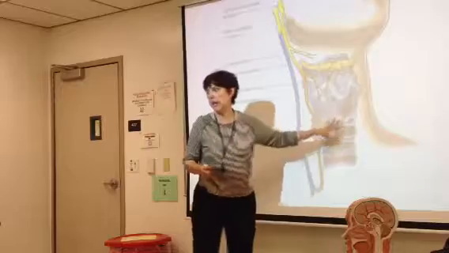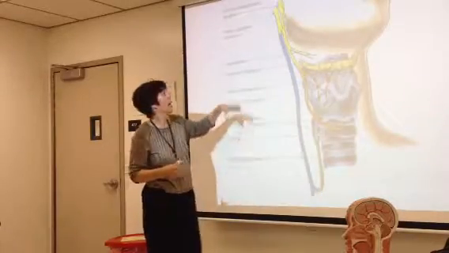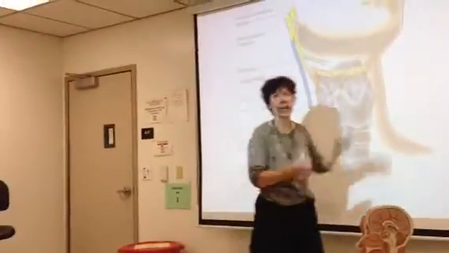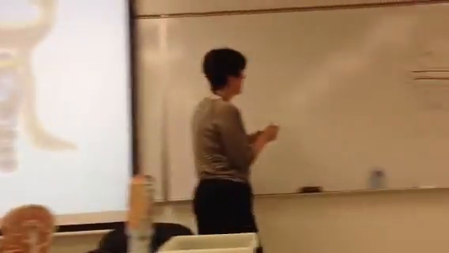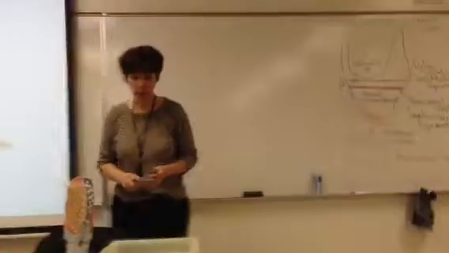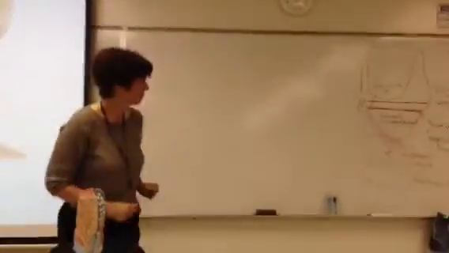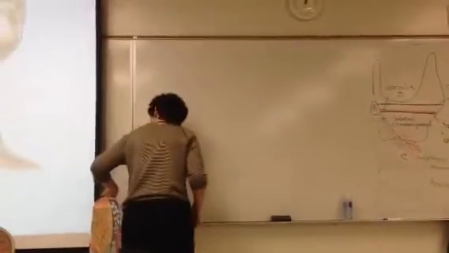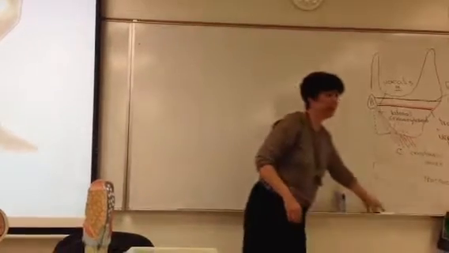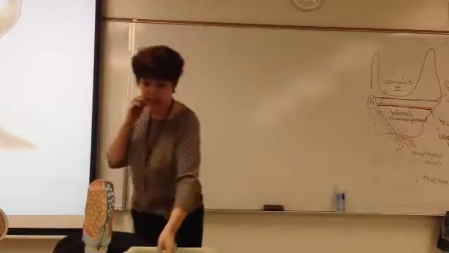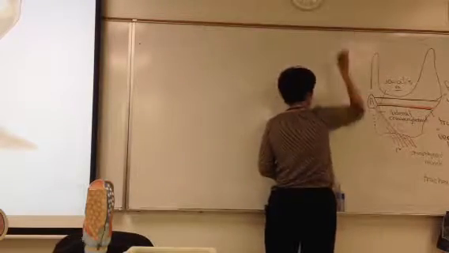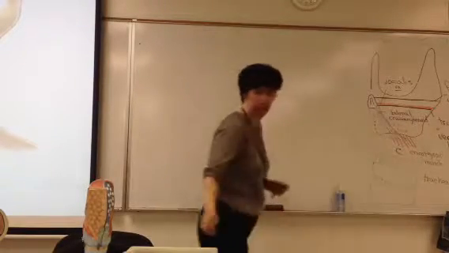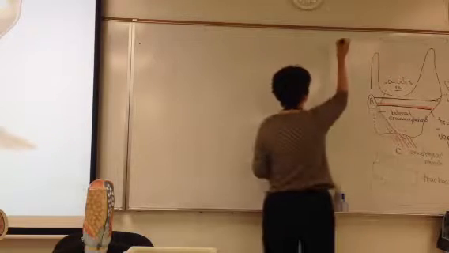So in this image, and you have this in your lecture notes, the vagus nerve is coming down, exits via the jugular foramen, and is going to pass down the lateral aspect of the neck and give off several branches.